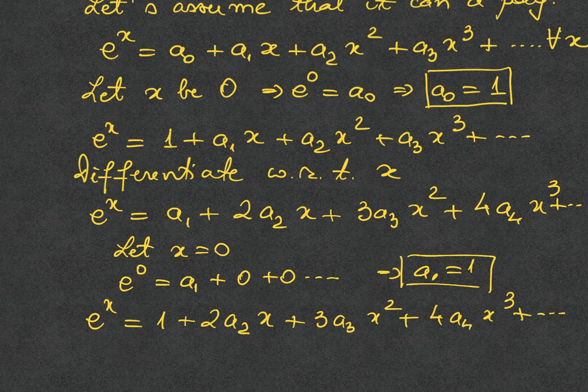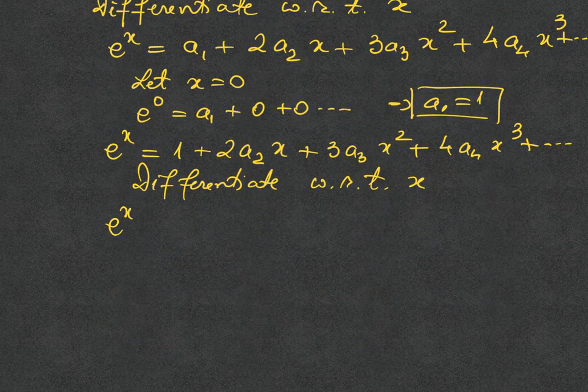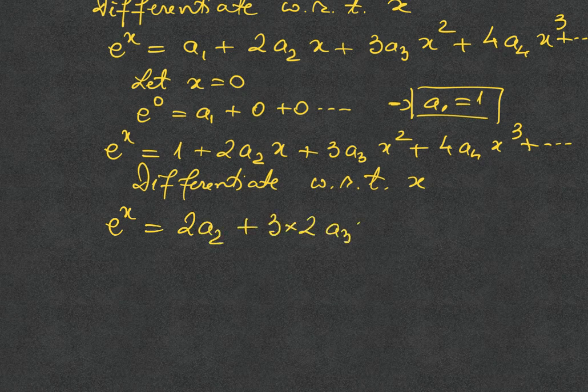I'm going to let x equal 0 again. Oh no, sorry, I'm going to differentiate first. So again, the derivative of e to the power of x stays as it is. 1 disappears, so I'm going to have 2a2 plus 3 times 2 a3x plus 4 times 3 a4x squared plus and so on.